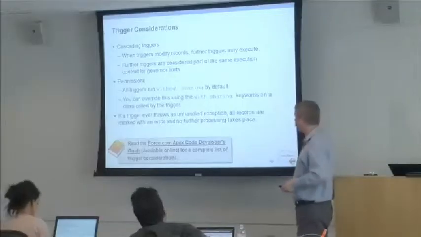So be careful about the fact that your triggers don't run alone, right? They run in the context of other things, especially when you're using features like roll-up summaries and so on, okay?